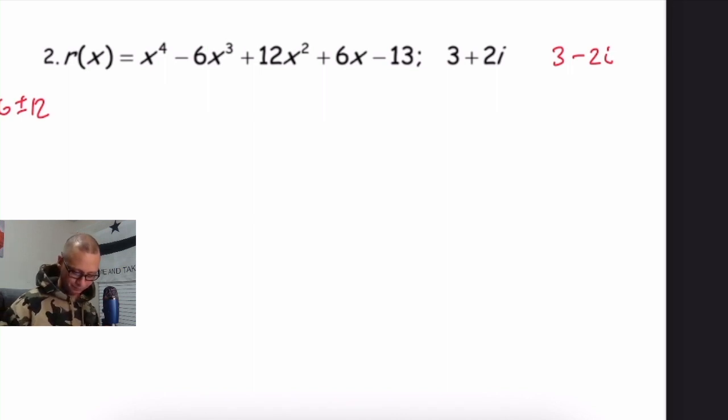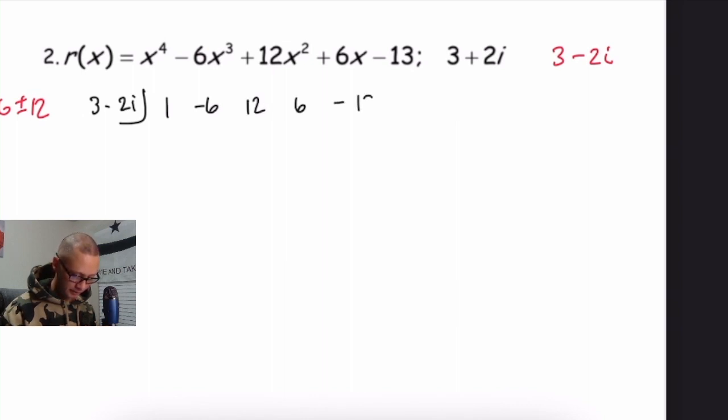So I'm going to use synthetic division. So 3 minus 2i goes in the box. So we got in descending order, 4, 3, 2, 1. Okay, so all the degrees are there. So 1, negative 6, 12, 6, negative 13.